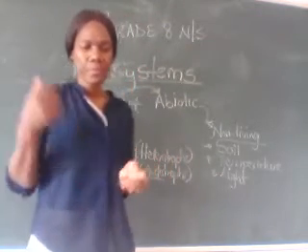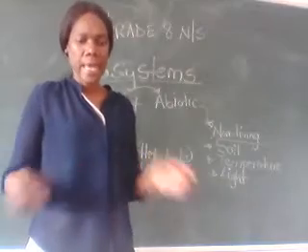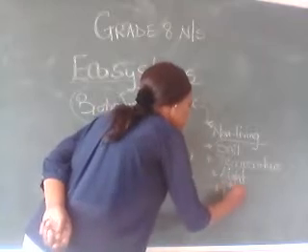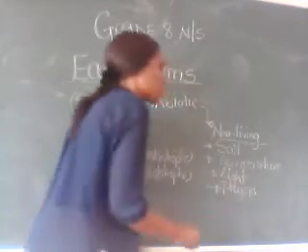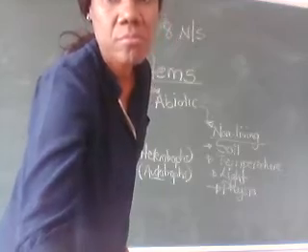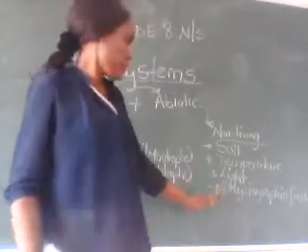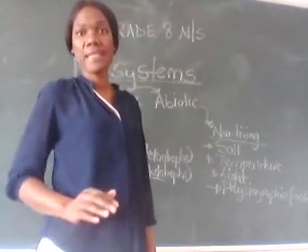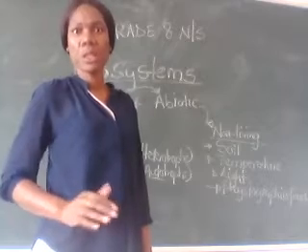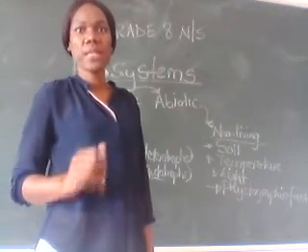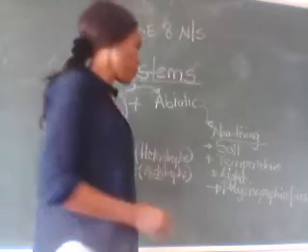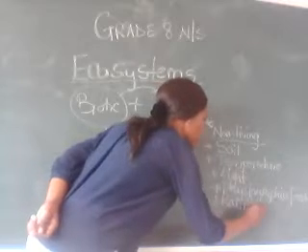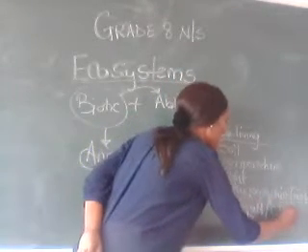All right. And the next point is the physiographic factors. The physiographic factors refer to the altitude, which is the level of the land above sea level. Then we also have rainfall, as well as climate.